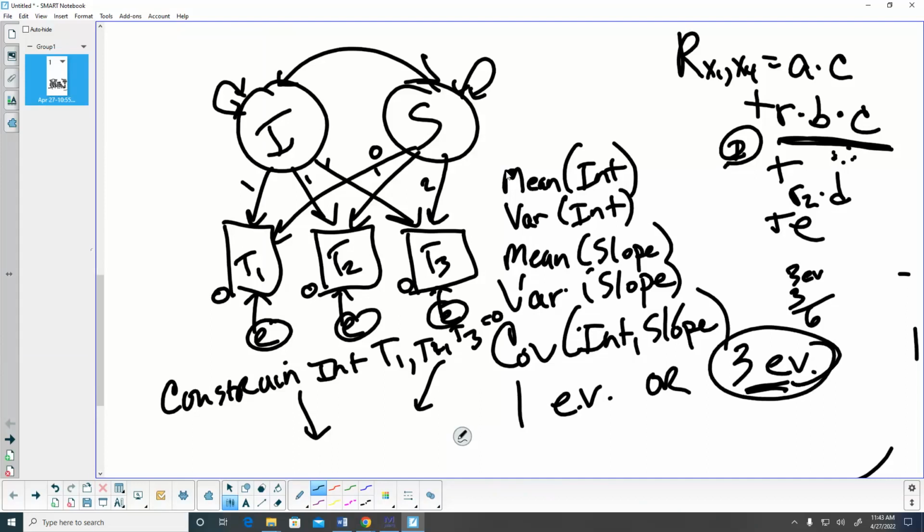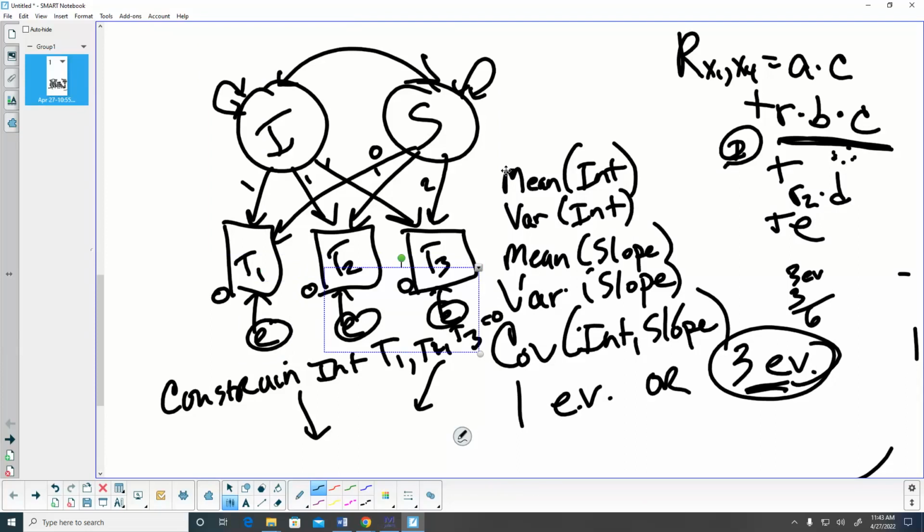I'm estimating a mean for the intercept. I'm estimating a mean for the slope. I'm constraining these three to be 0. How many pieces of mean information do I have? 3. How many am I using up in this model? 2. So how many degrees of freedom do I have? 1, exactly.